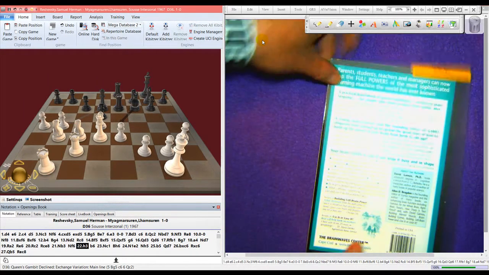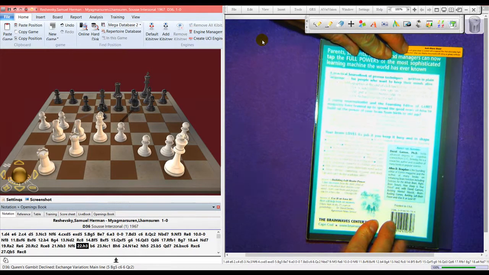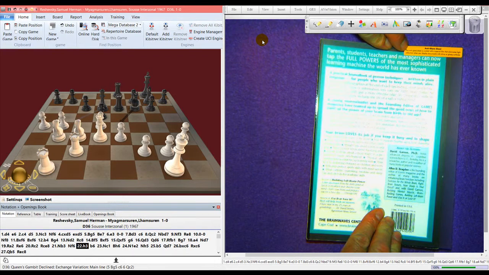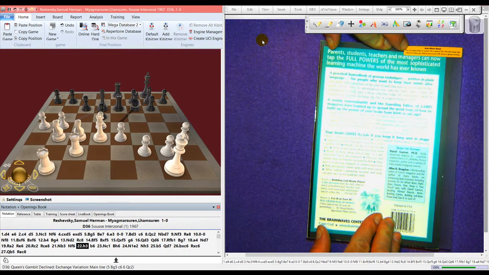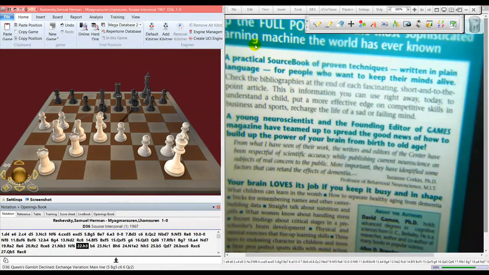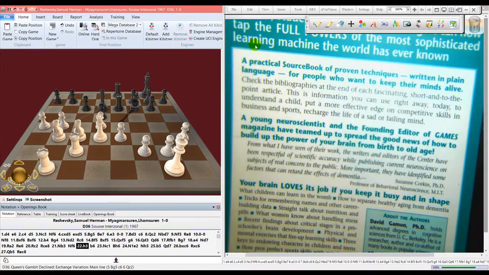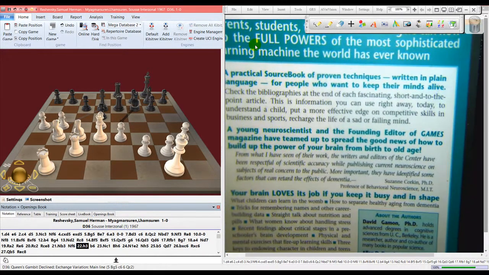I want to go ahead and make this really clear. This is a real good book on memory, where it says at the top, parents, students, teachers, and managers. And so it's really for anybody. And then I went ahead and zoomed in for you guys so you could get a better view on it.